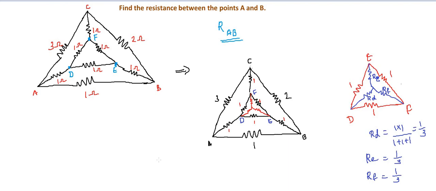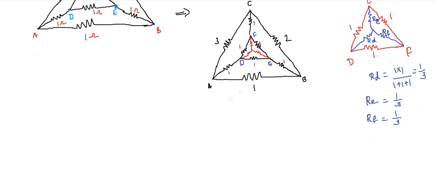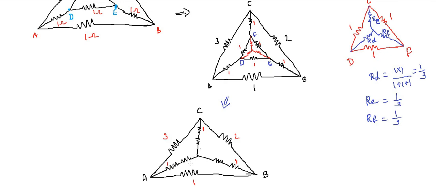So now we can redraw this circuit. The inner delta loop is converted into a star. So here we can see that these resistances are the inner loop resistances that we have converted from delta into star, and each of these resistances is of the value 1 by 3.